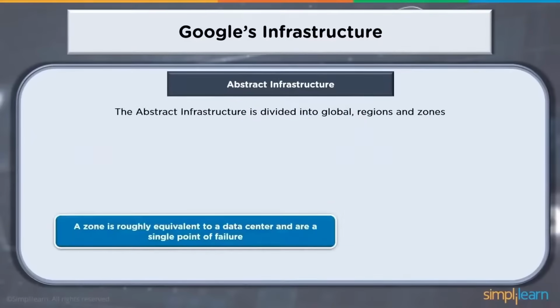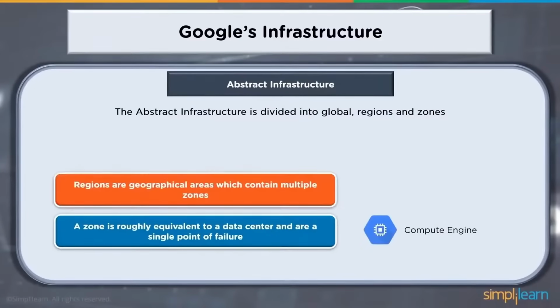When we talk about abstract infrastructure, that is divided in global, regions, and zones. A zone is roughly equivalent to a data center and a single point of failure. So you could have your Compute Engine, which is within a zone, or you could say Compute Engine is a zonal resource.